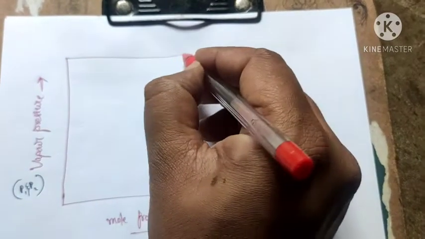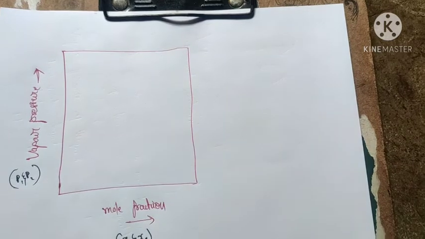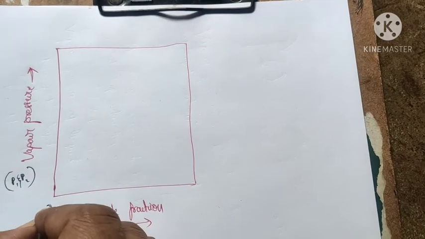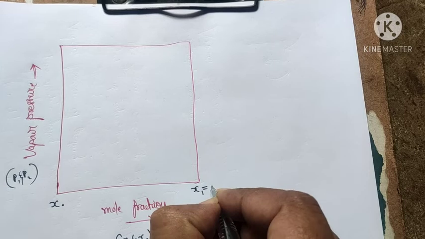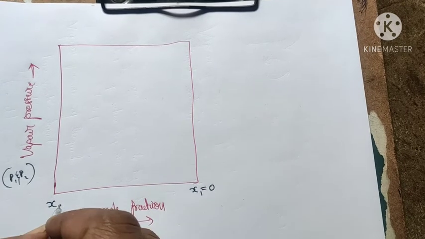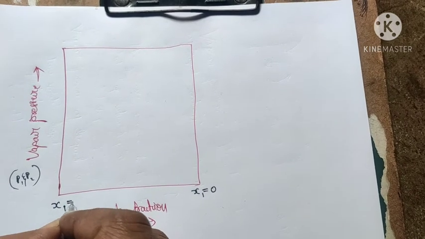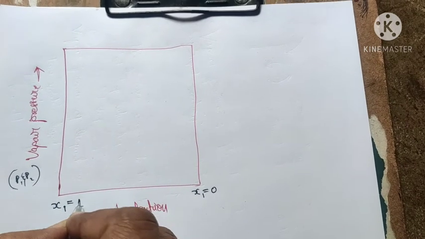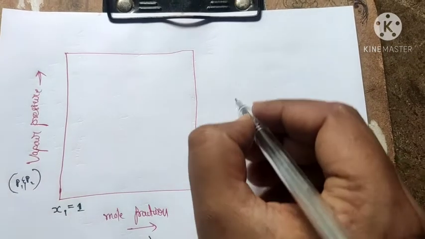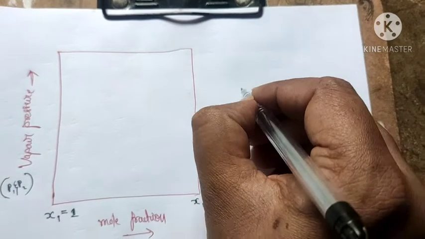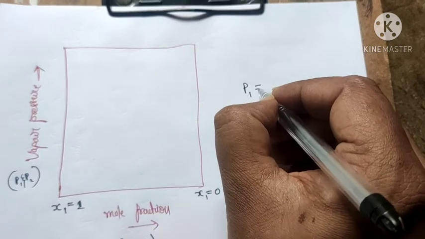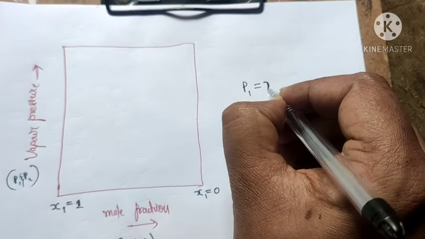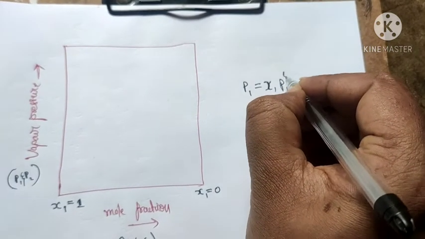We consider x1 equal to 0, and the maximum value of x1 is 1. For the first component, P1 is equal to x1 P1 naught.